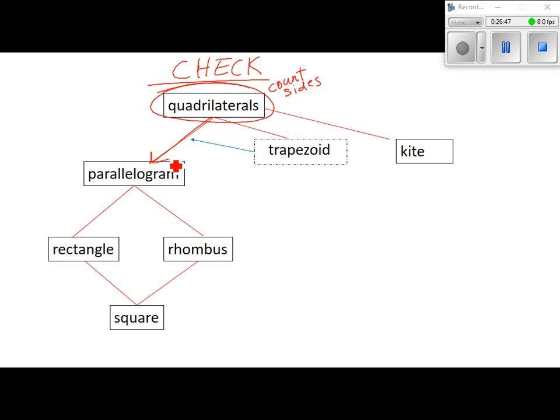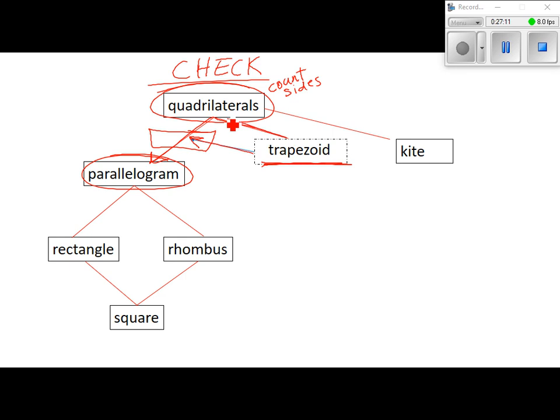Next thing you might check, see if it's a parallelogram. You could use any of those ways that we talked about to prove something is a parallelogram. Or I'm sorry, this is where the rest of the world comes in, because they put trapezoid right here.